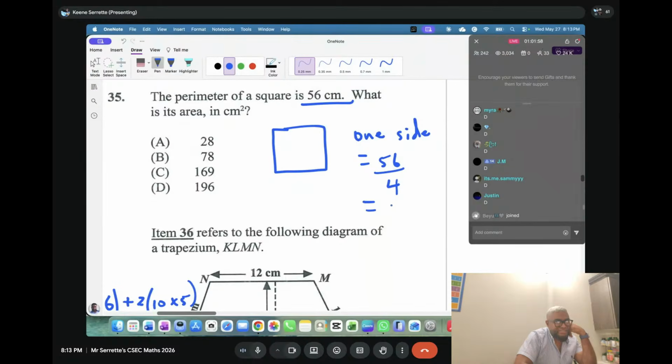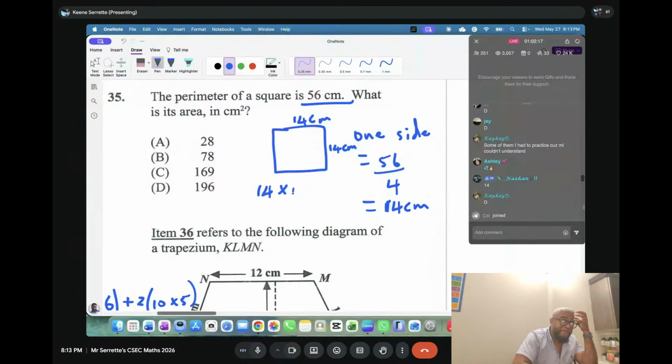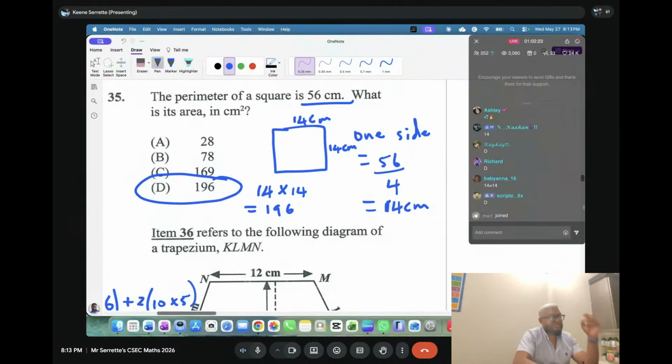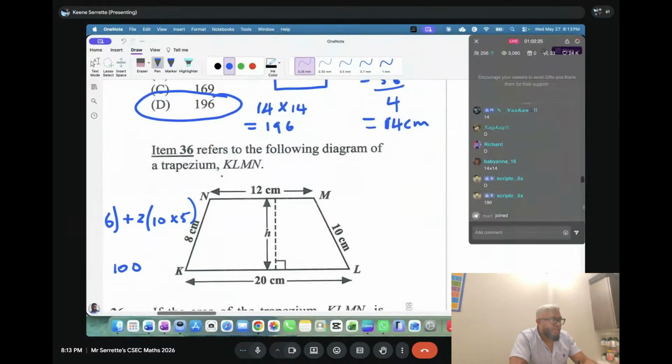So how much is one side? 14 centimeters is one side. If I want the area of a square, it would be side multiplied by side. So 14 multiplied by 14 would be 196.